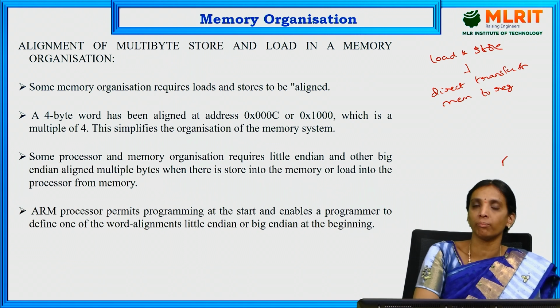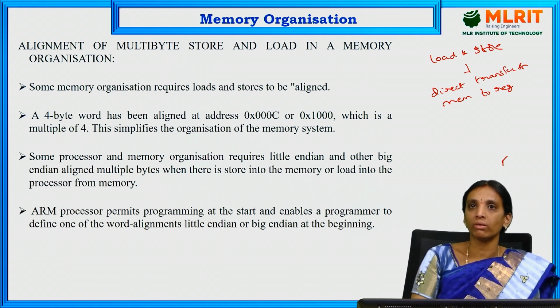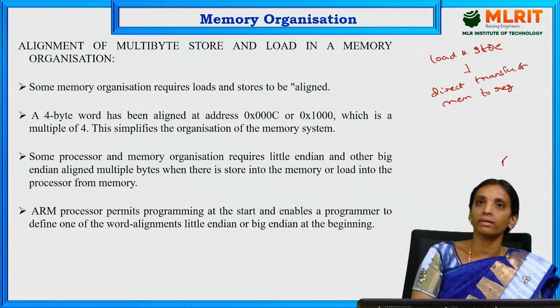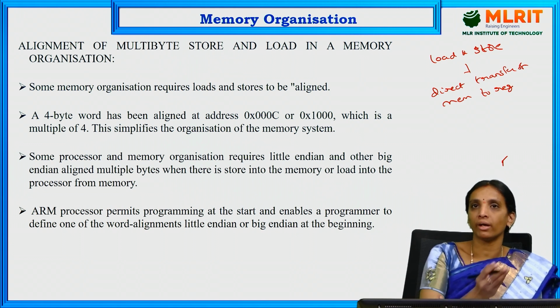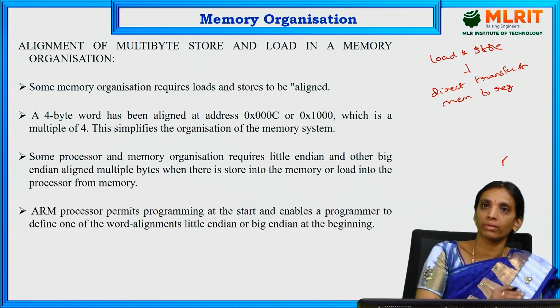With previous processors like the 8051 microcontroller, we do not have direct transfer from register to memory. There we need to store the data in memory first, and after that from register to memory.